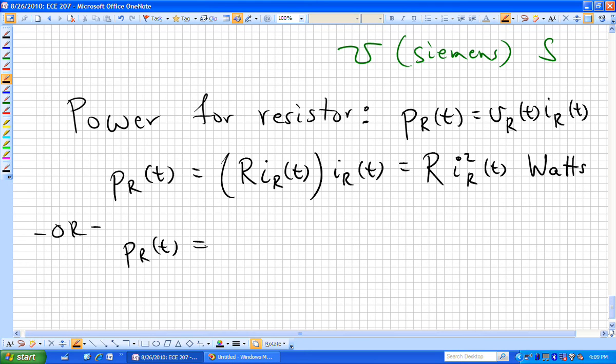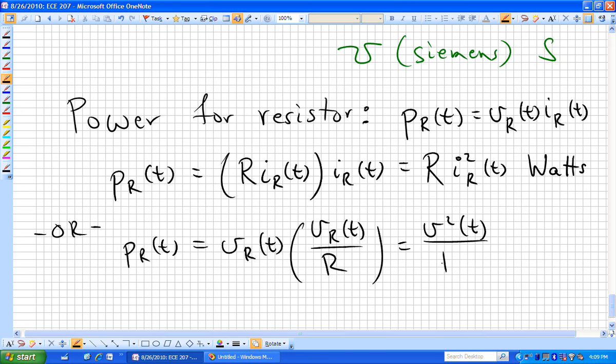Current's flowing through, voltage is across. You can measure things across that resistor maybe more easily than you can measure current, pulling out the wires and putting your meter in between. Which means we need to get rid of the current, which is V sub R of t over R. And we now have V squared over R for the power of a resistor.